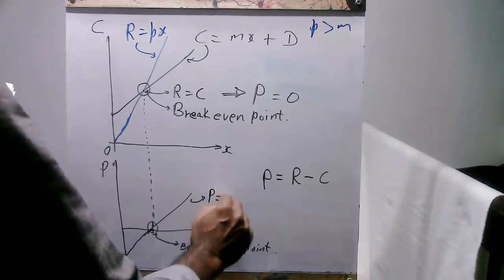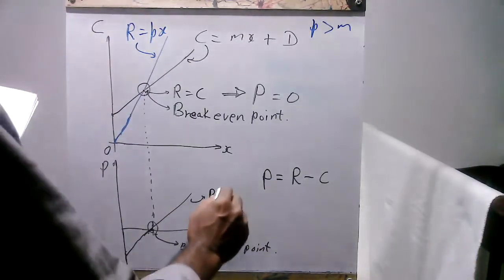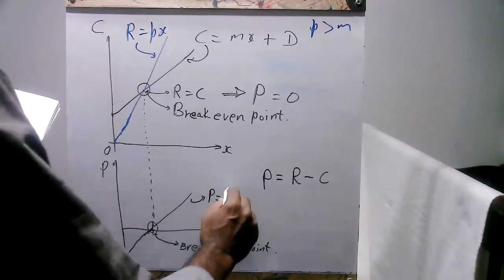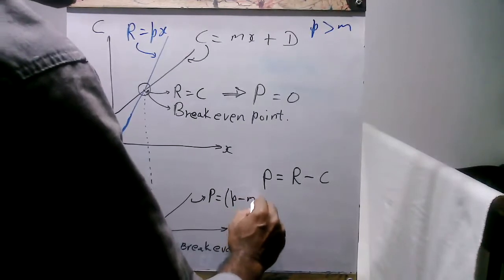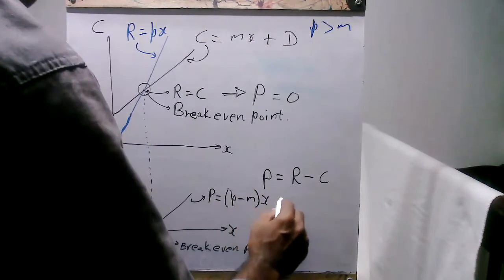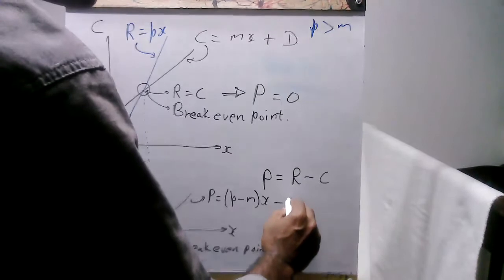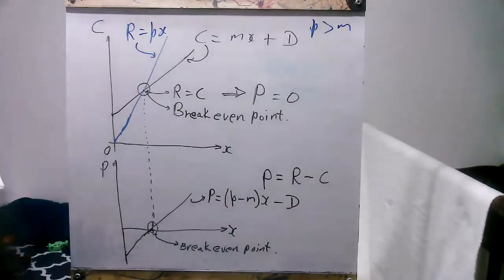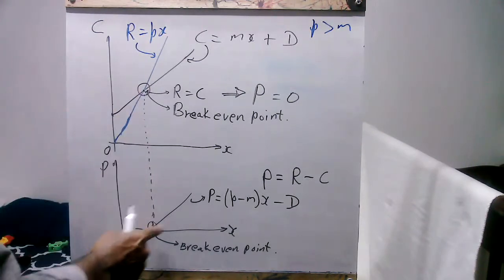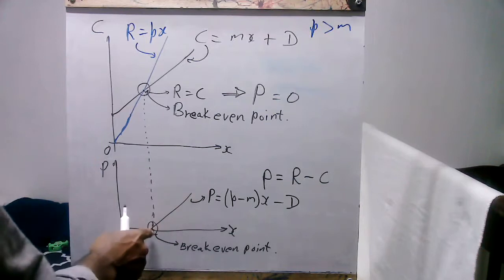P equals to what we found before, P minus M times X minus D. You see at break-even point, the profit is 0.